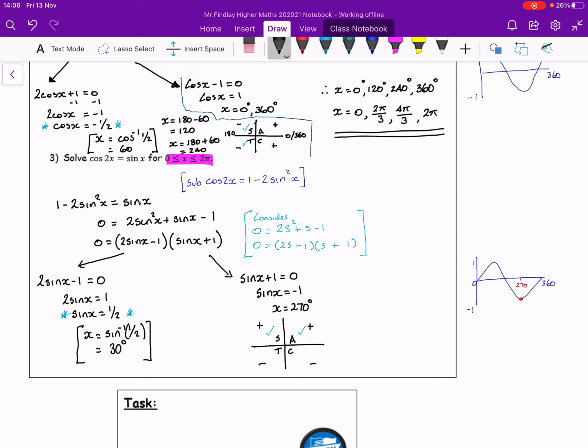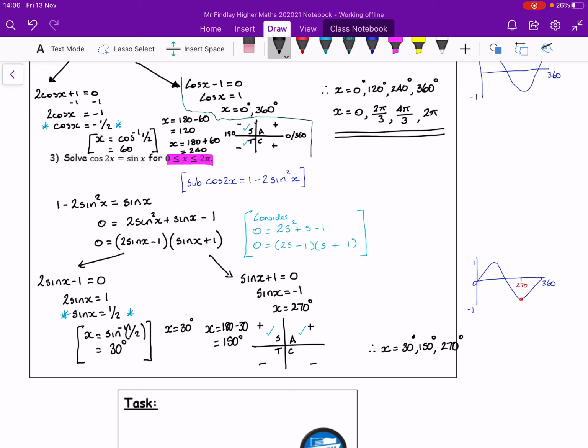So solutions are taken from x is equal to 30, x is equal to 180 subtract 30, which is 150 degrees. Therefore, x equals 30, 150, and 270.